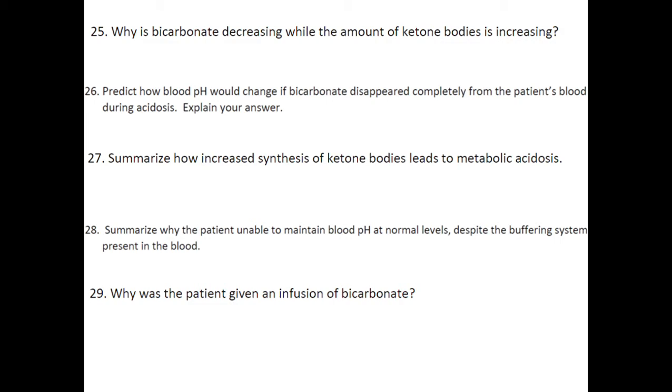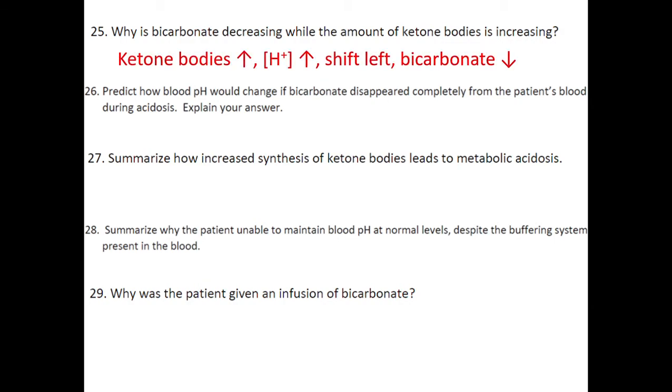Look at this blood buffering system. When we have a lot of H plus, does the reaction go to the left or to the right? When the H plus increases, it will go to the left. The whole system moves to the left. Therefore, the concentration of bicarbonate will decrease. Ketone body increases, therefore H plus increases, so the whole system shifts to the left, and bicarbonate level will decrease.